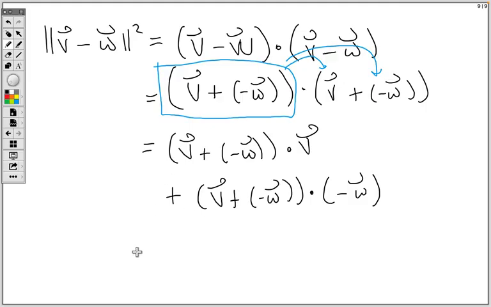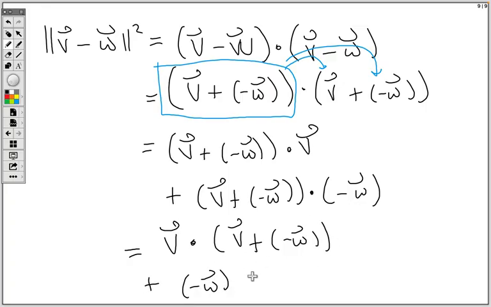And then I'm going to use the commutativity of dot product to write the first term here as v dot v plus the opposite of w, plus, commutativity again, the opposite of w dot v plus the opposite of w. So once again, we're going through this in pedantic detail here, just using the properties that we've established so far.